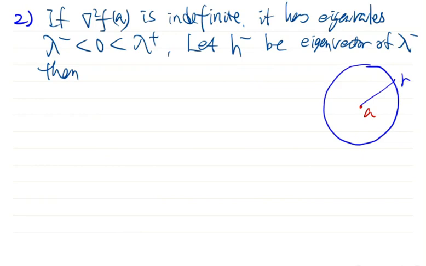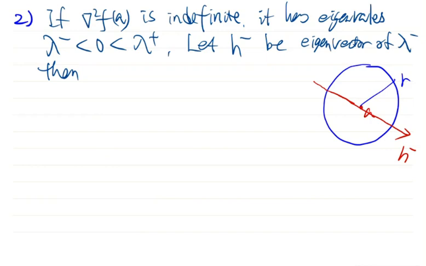So this is the direction of h minus. We want to restrict our F in this direction, passing A and in the direction of h minus.